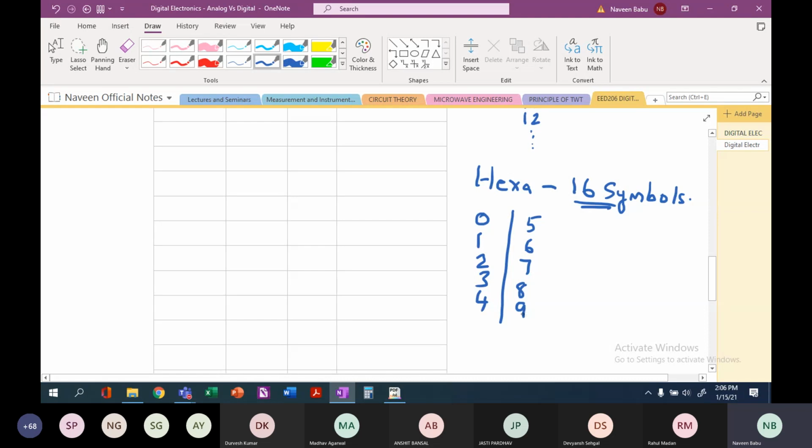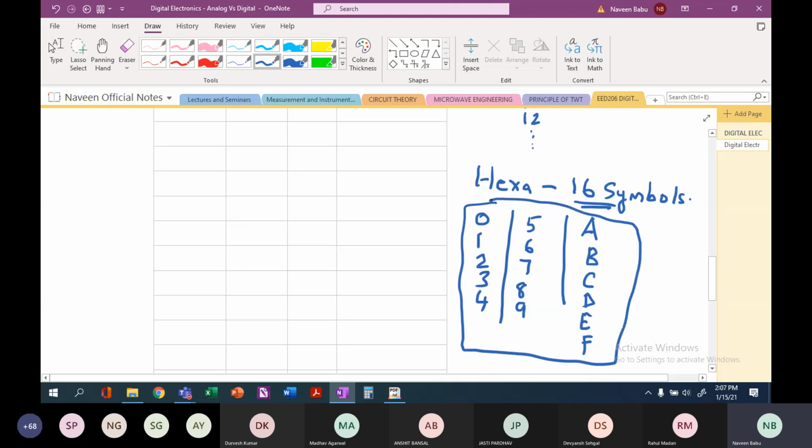So 10 symbols are already here. What are the rest of the 6 symbols? After 9, we follow alphabet A, B, C, D, E and F. So these are the 16 symbols that we use in the hexadecimal number system.